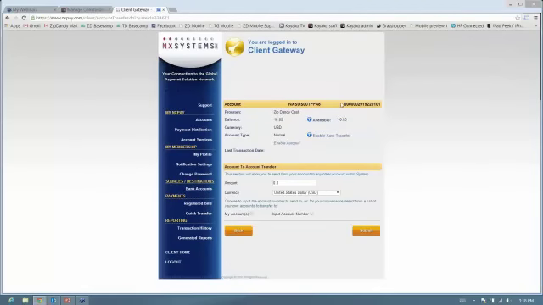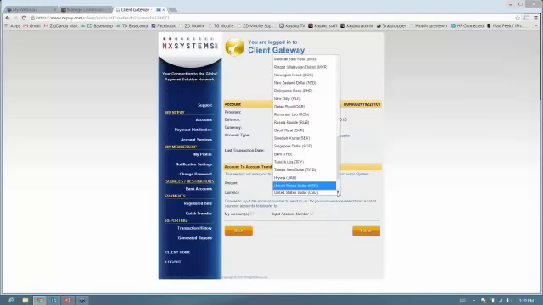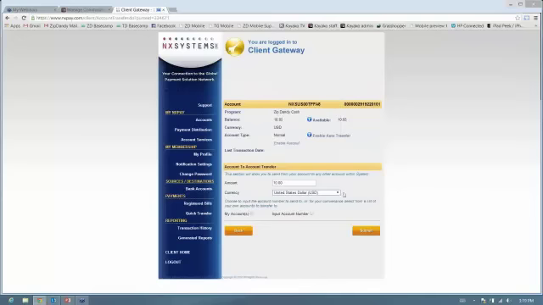Okay, so what we're going to look at here, we'll go account to account. We see that we're pushing from this account, which is our e-wallet account with an available balance of $10.05. We're going to put the amount that we're going to push. I'm going to say $10. United States dollars is the currency that I'm going to push. Now, if you are Canadian and you want to push Canadian dollars, you can do that as well, but understand that you're going to need to know the exchange rates.